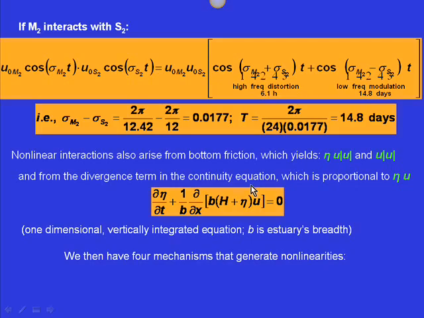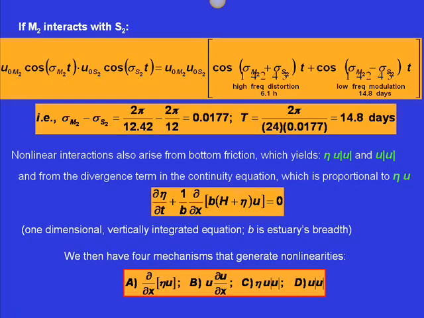So we have four mechanisms that generate nonlinearities. We said that this comes from the continuity equation, so this is called the continuity mechanism. Then we have the advective, and these two are from the bottom friction.